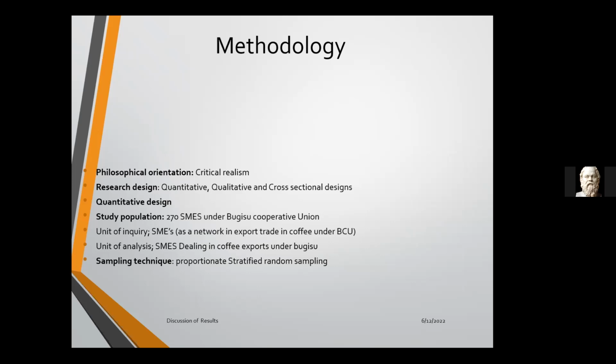I'm not very sure whether you are not talking about households, but actually SMEs. For me, the distinction between Bugisu, SMEs, and the relationships between them is a little bit blurred. So I couldn't pick that very well.